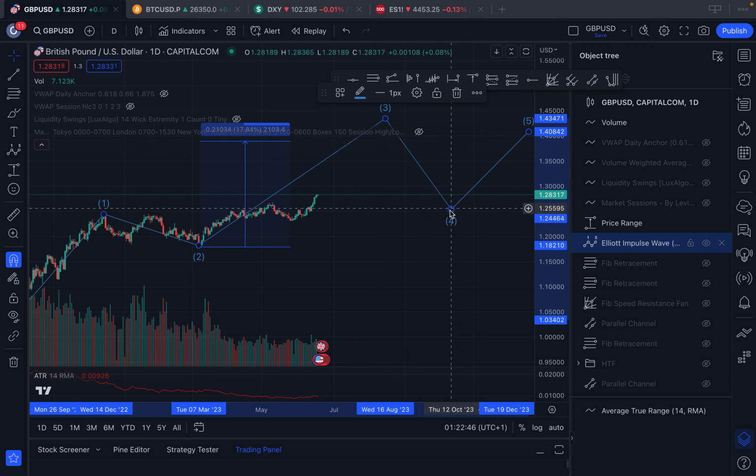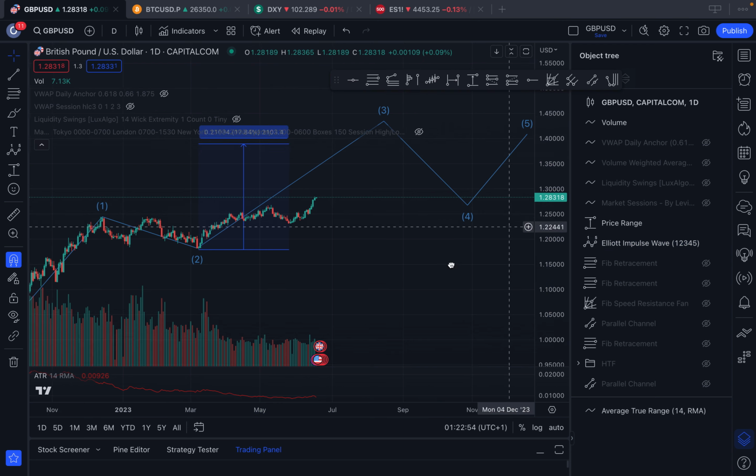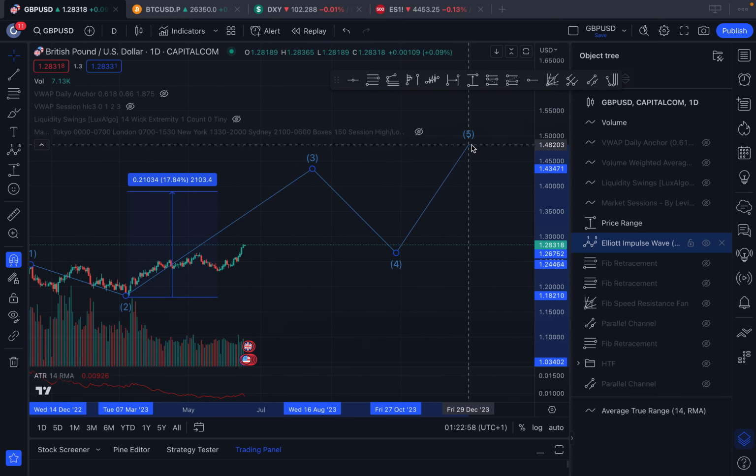And then remember, 4 cannot come into the territory of 2, so we'd have to be about here at least. And then 5, remember 5 usually does go above 3, but sometimes it can just taper out, so let's put it a little bit higher.